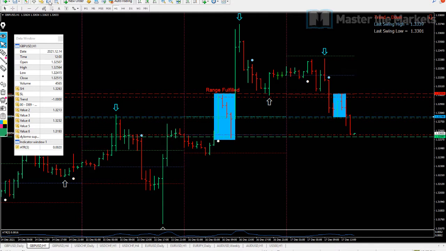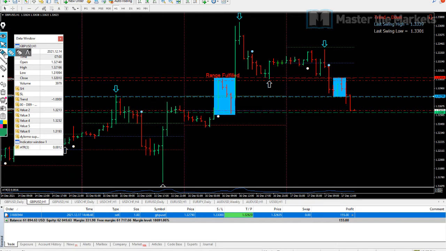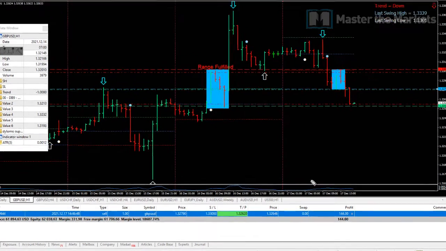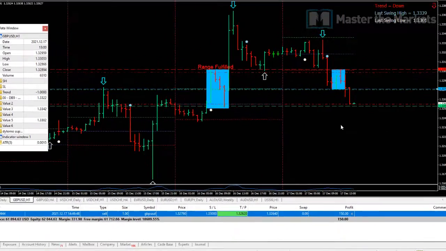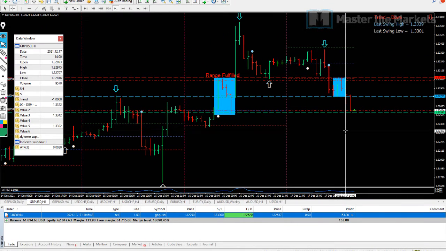Okay traders, as you can see, the trade has now progressed and it's very near to our target. We're up about £150 on this particular trade. We still haven't hit our target yet because of spreads and so on, so we will still have to trail it accordingly.